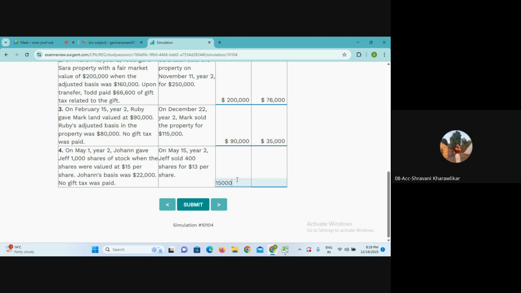Ma'am, will we take 22,000 divided by 1,000 shares, like 22 per share, and then compare it with 13 per share? 3,600. Yes, ma'am, 3,600, and there is no wash sale.